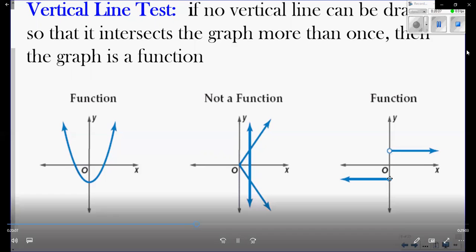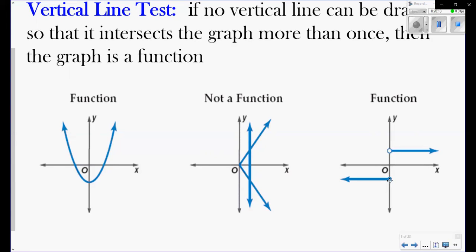If they were both not shaded, this would not be a function because there's a break. That means when you get to the 0 line, there's no point on that line. Basically, the graph stops at -1, anything before 0, and then continues after 0. So 0 somehow disappeared. There's a break there. But in this case, there's one shaded and one not shaded, so it's a function.